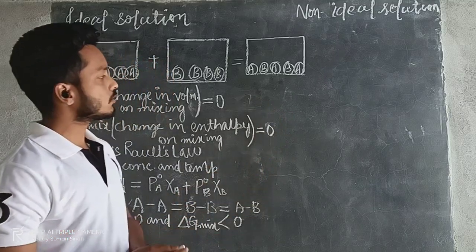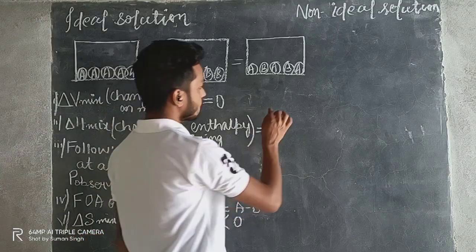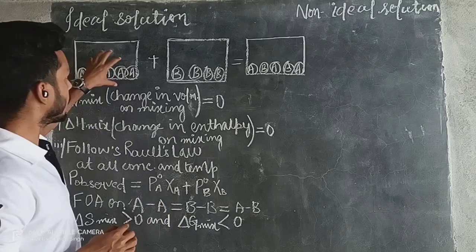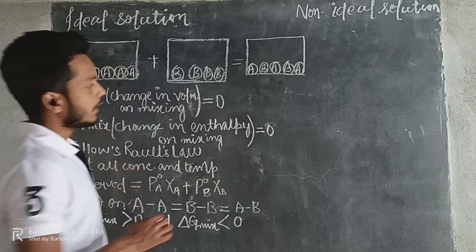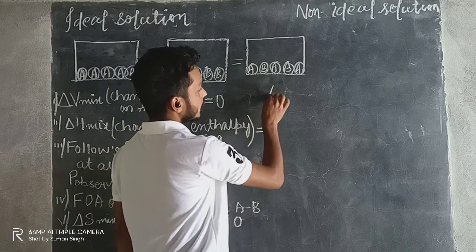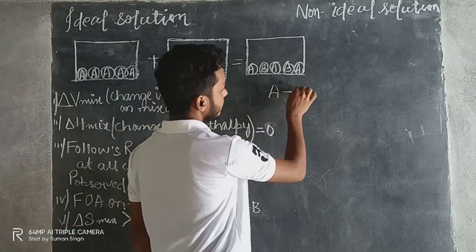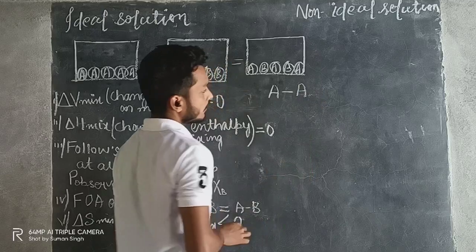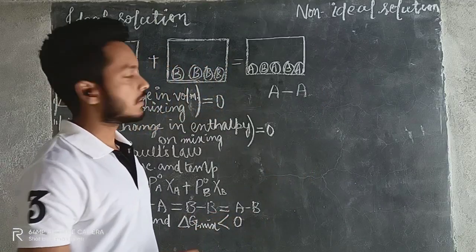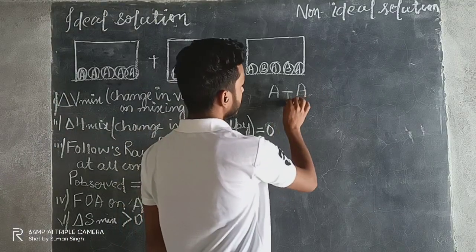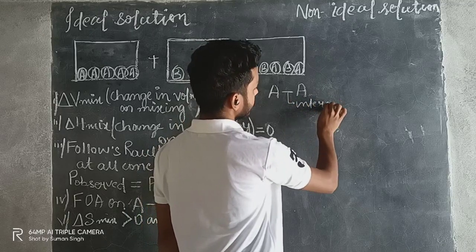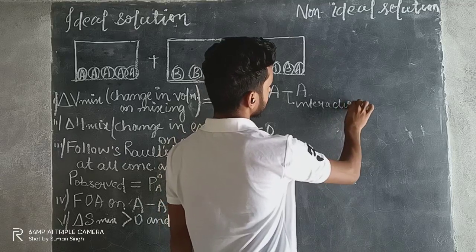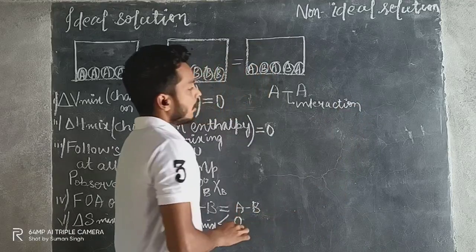So the basic thing you have to understand: when only A was there, there was some interaction between A and A, right?